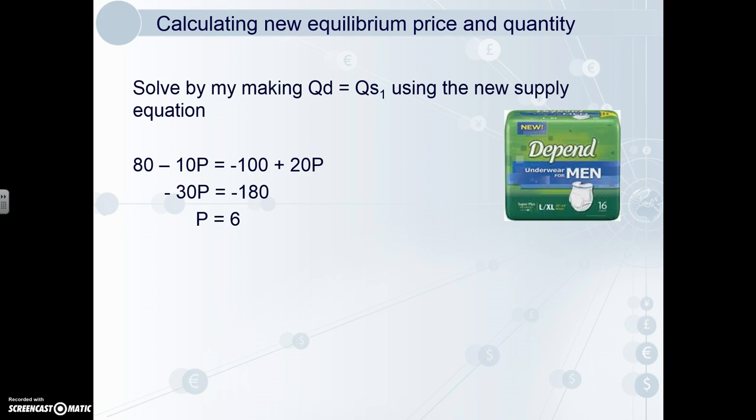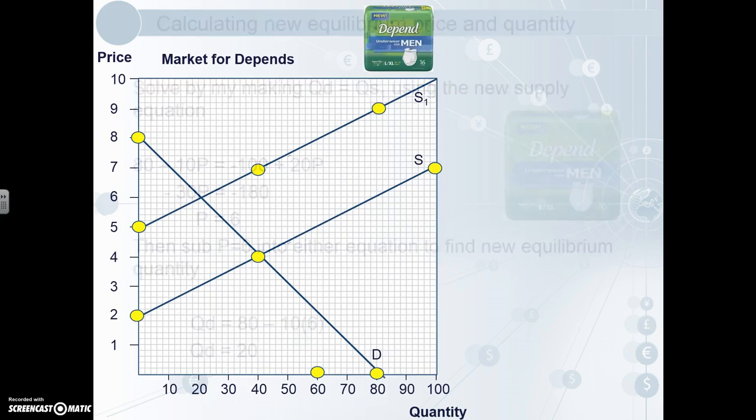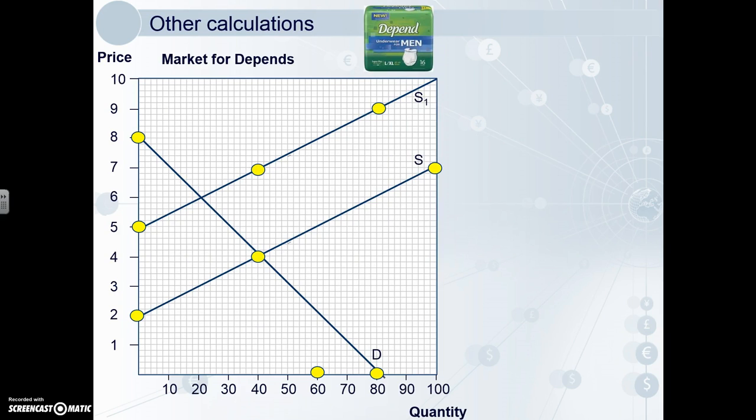Now to get the quantity, we substitute P equals 6 into either the demand or the new supply equation, and we'll find that quantity now equals 20. What you should do is give yourself a visual check of the diagram you've drawn and double check that this is correct.